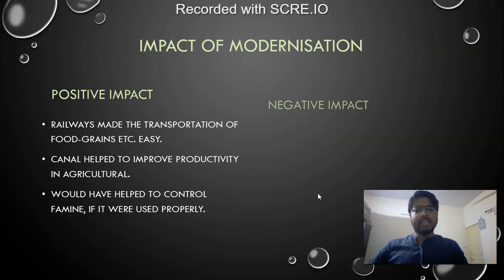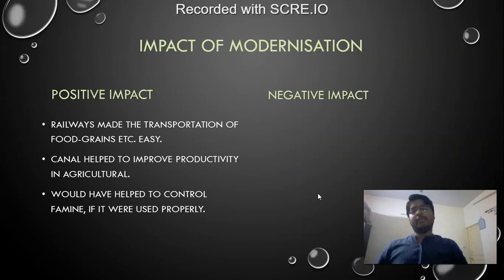Positive: railways helped to transport goods from one place to another, which was very effective and easy, and canals helped to improve productivity in agriculture, and all this kind of modernization impacted India positively. And one more thing, if it were used properly, it would have controlled famine in a better way.